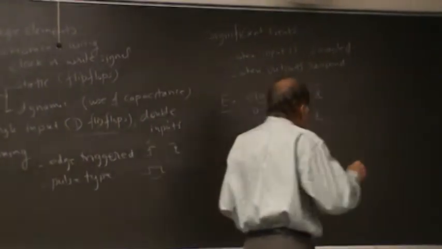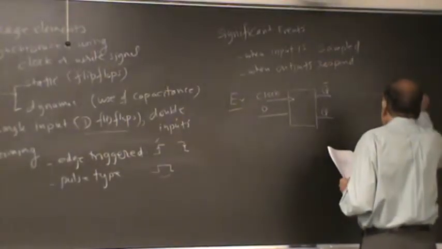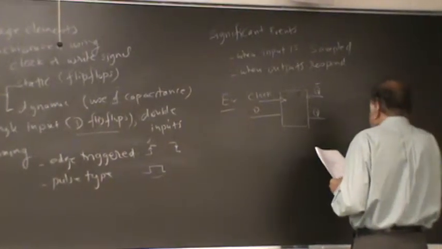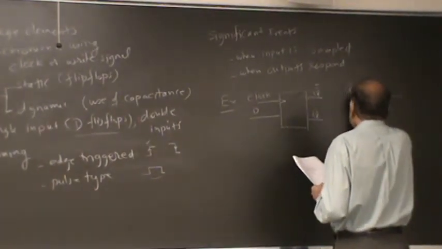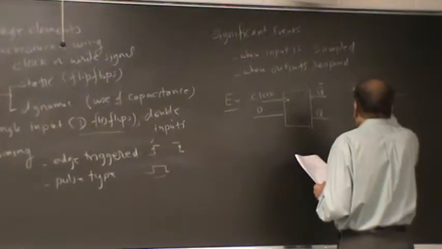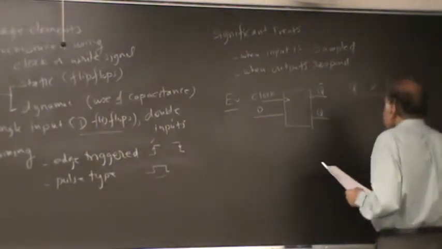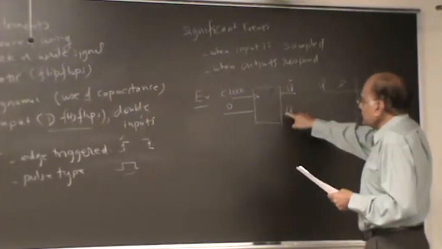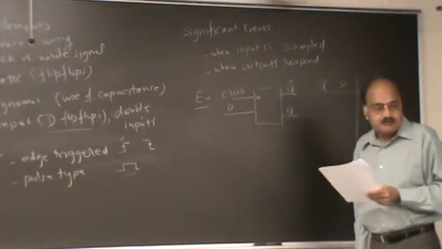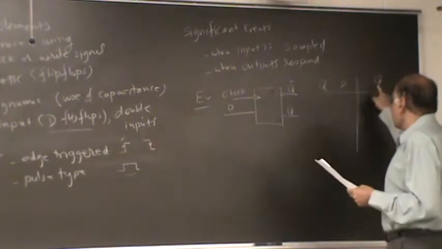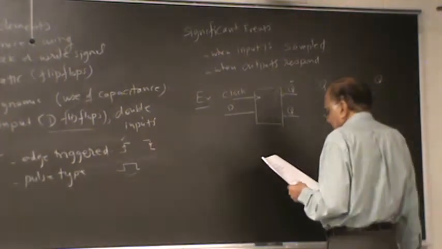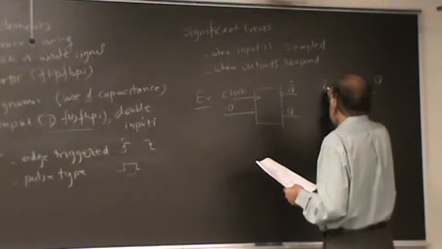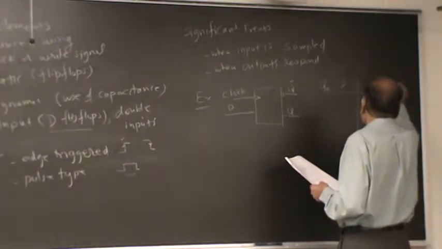And you can describe the behavior of this flip-flop using a table. So there is current value of output Q. Q is whatever is stored in the flip-flop, and the future value of Q. And for convenience, let's call it Q sub t and Q sub t plus 1.